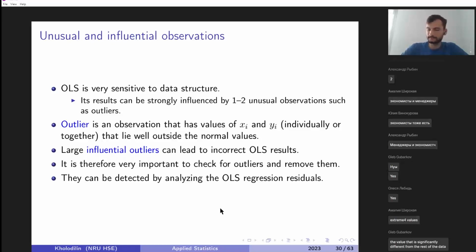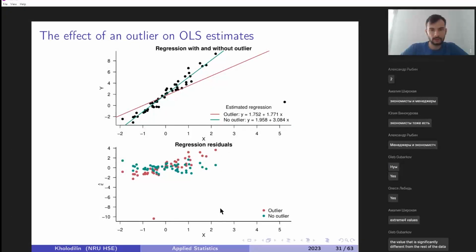So then let's see how it looks. For example, on the top graph you can see an example of observations. The black dots are observations.